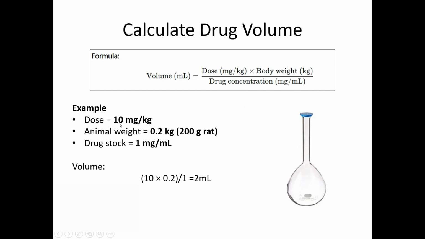Suppose dose is 10 mg per kg, animal weight is 0.2 kg, around 200 gram, and drug stock is 1 mg per ml. So volume will be 10 times 0.2 divided by 1. We have put all this data in the formula, equal to 2 ml, meaning 2000 microliter.